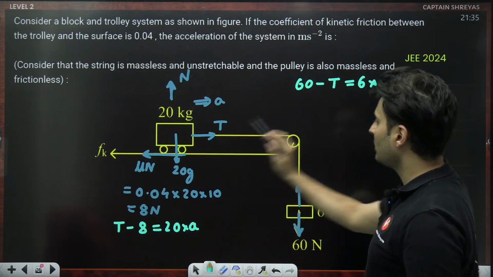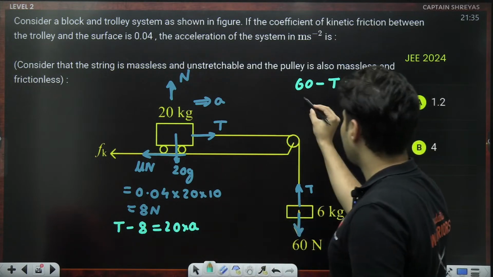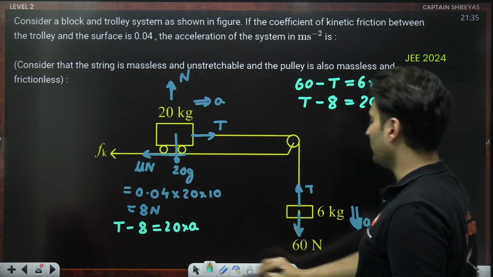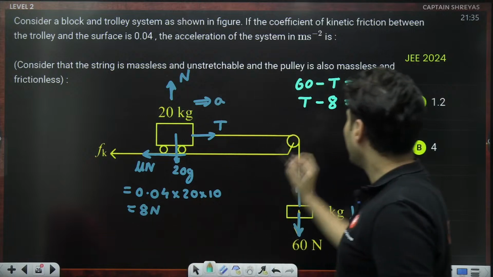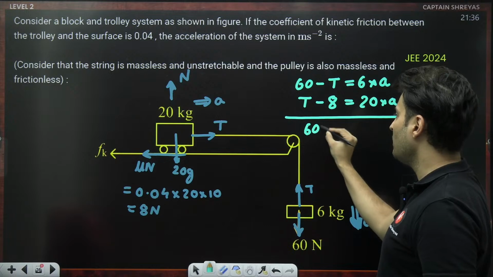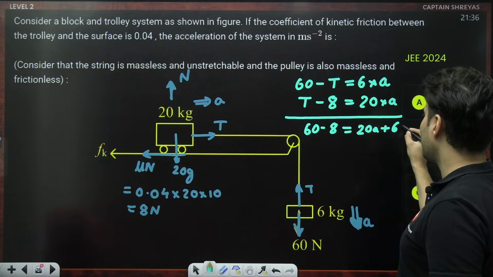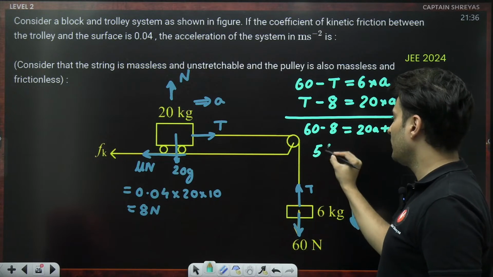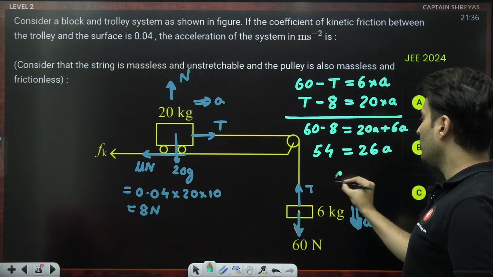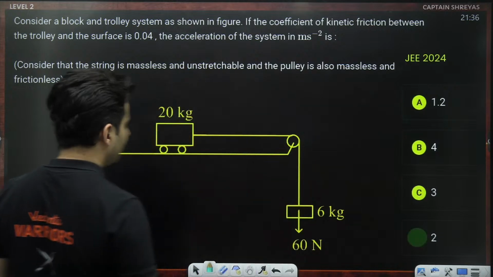If I add both of these equations, T minus 8 is equal to 20 multiplied by A, then the tension gets cancelled. So I will be getting 60 minus 8 is equal to 20A plus 6A. This is nothing but 52 is equal to 26A. So basically A is nothing but 2 meters per second square.